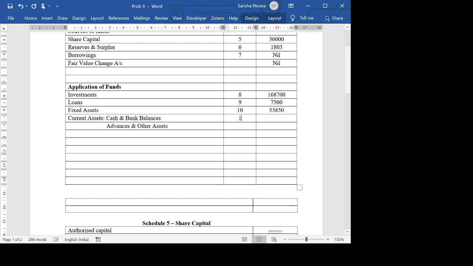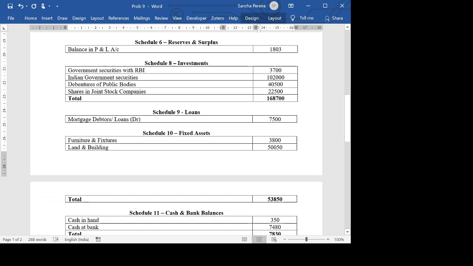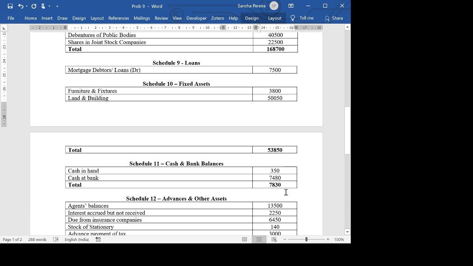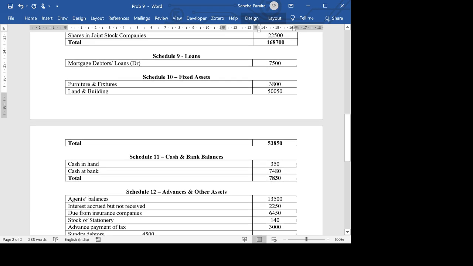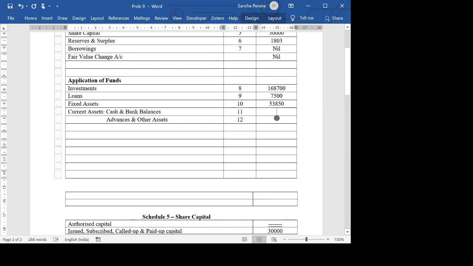So here it is 11 and this is 12. 11 is 7830 and 12 is 42,490.